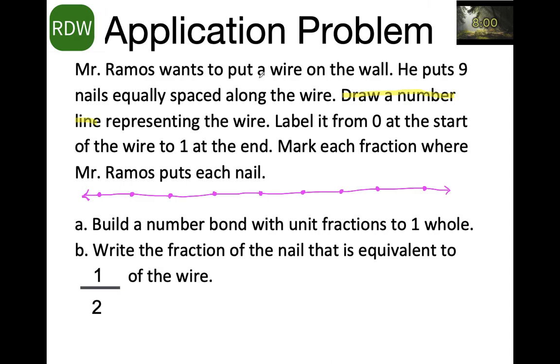Now we need to label it from 0 at the start. So here's my 0, and then 1 at the end, so our whole number of 1. Now, if you look at it like that, how many equal spaces do I have between 0 and 1?